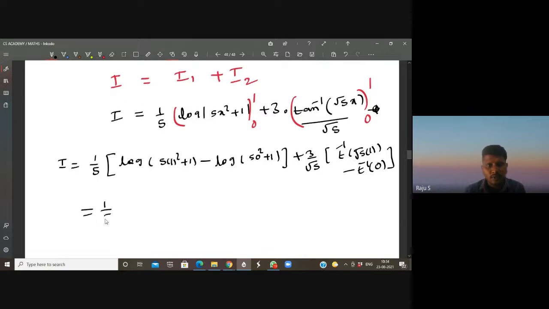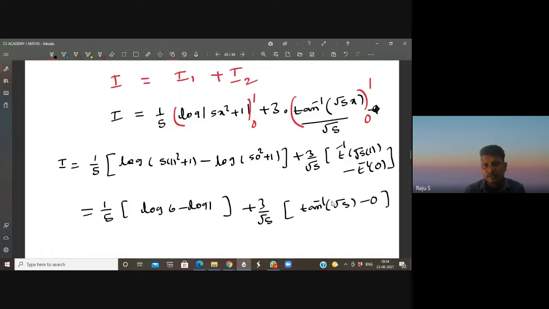Then what about this 1 by 5 times of log 6 minus log 1? Okay, log tan inverse root 5 minus 0. Yeah, what is log 1 value? Anyone? Sir, it's 1.